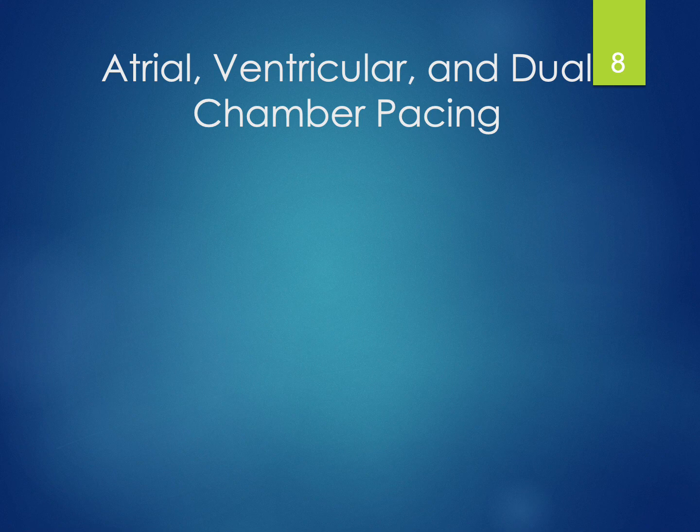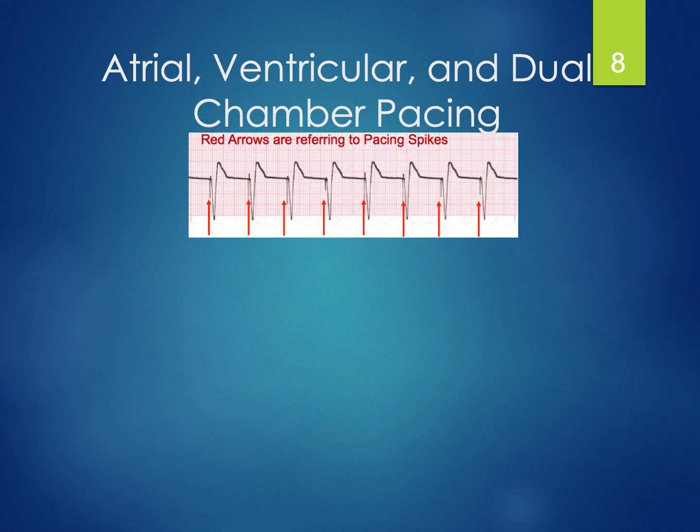And what does this actually look like? Those zaps are called pacer spikes, and a pacer spike is often just a vertical line. Remember, the vertical axis on our EKG strip is voltage, so the vertical line represents a little bit of voltage coming from the pacemaker, and it's typically given very efficiently, so it will often just look like a little line or even a very tight, very narrow V.